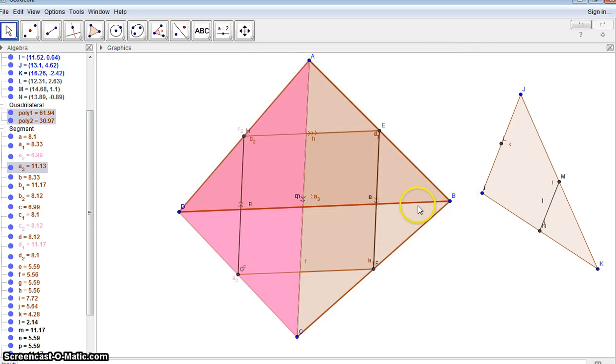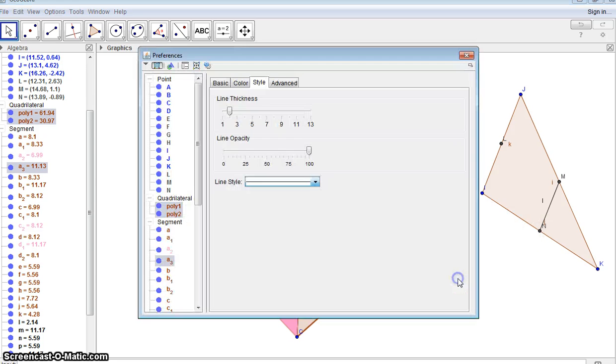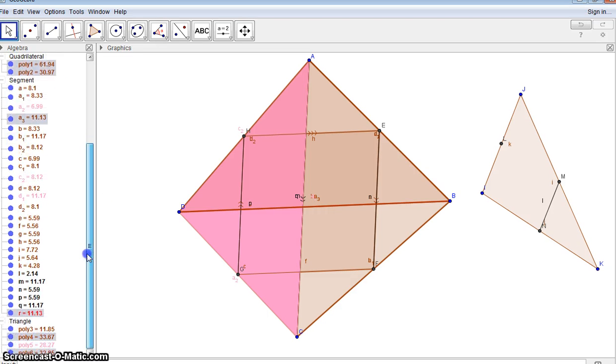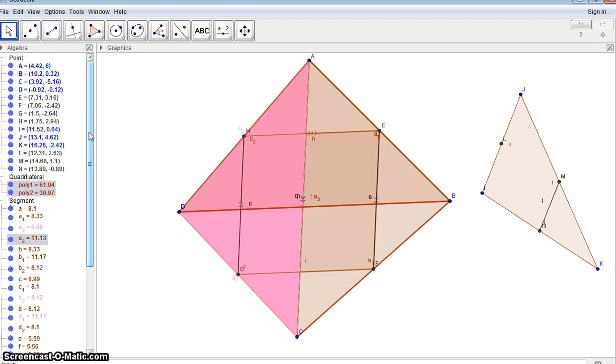I'm not getting that. Okay, so I'm looking for segment DB. So I'm just going to go shopping for it over here. It looks like it might be A sub 3.